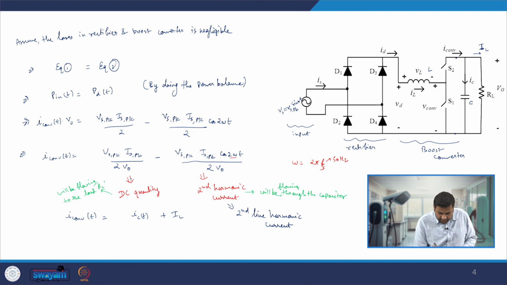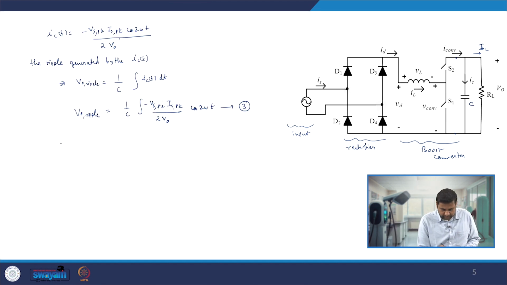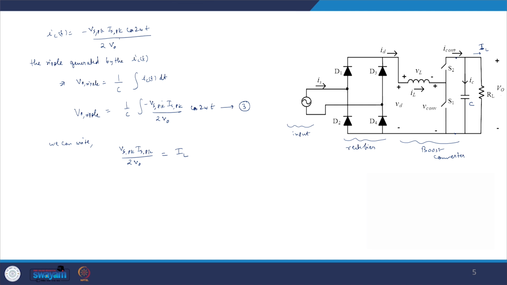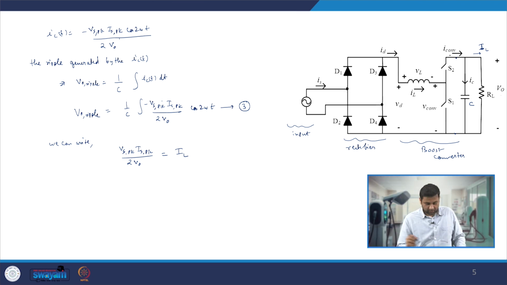So we can write this value, Vs peak Is peak divided by 2 V naught, is nothing but equal to IL, which is the average DC component of current present in this I converter.